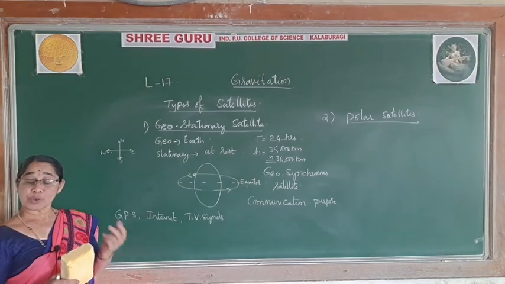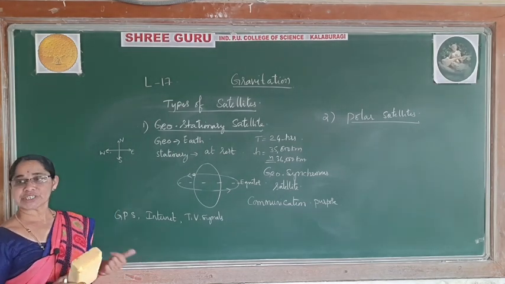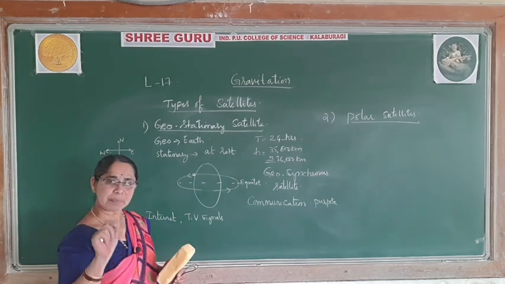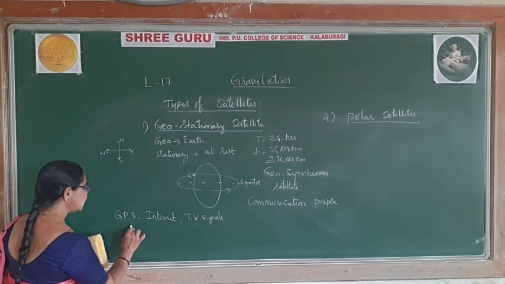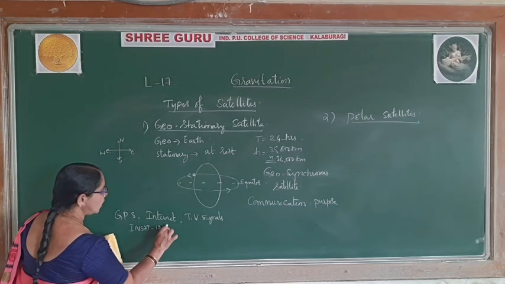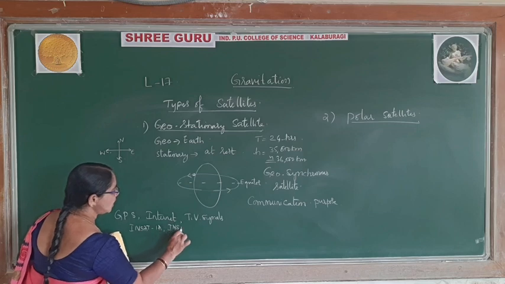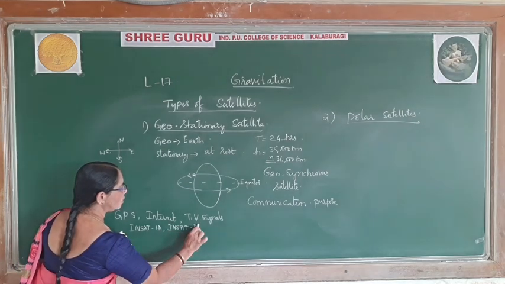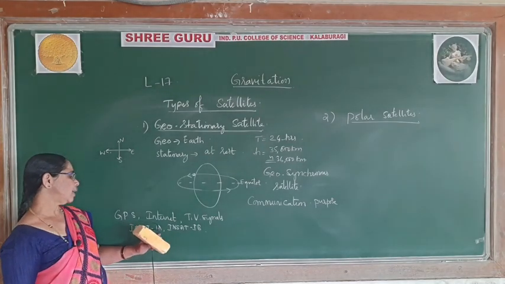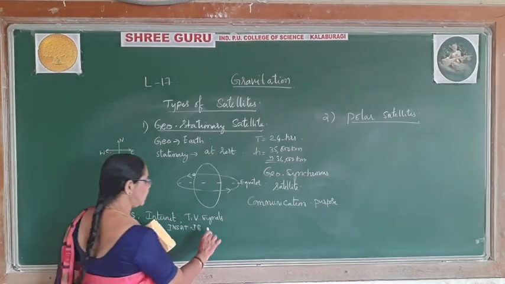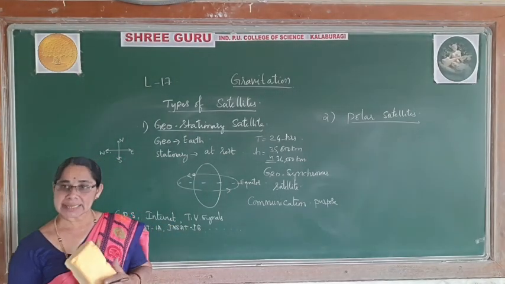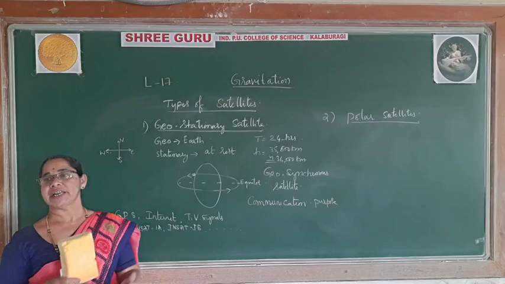And you can also name particular geostationary satellites, like in the earlier class I mentioned some satellites: INSAT-1A, INSAT-1B, INSAT-1C, etc. All these satellites are none other than geostationary satellites.